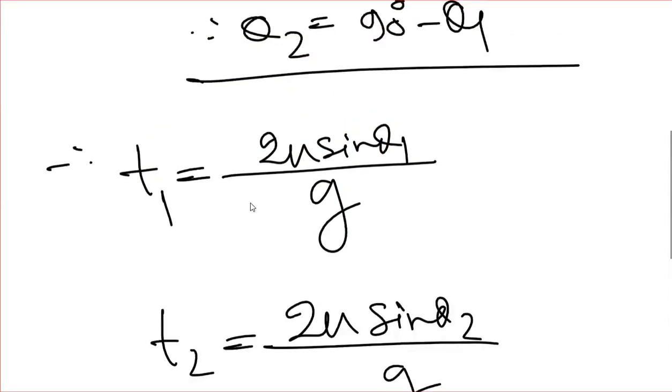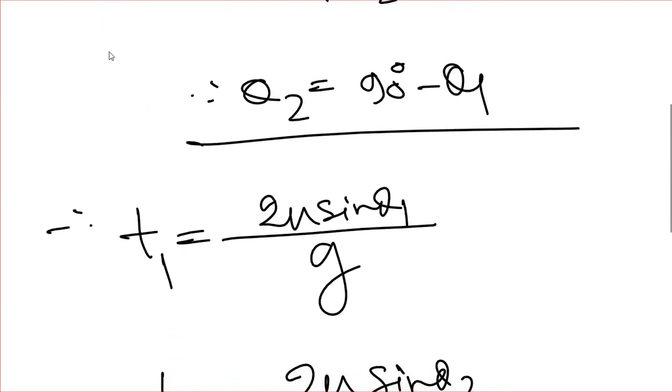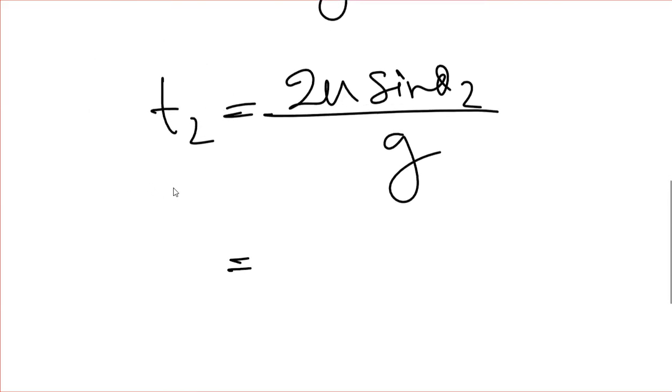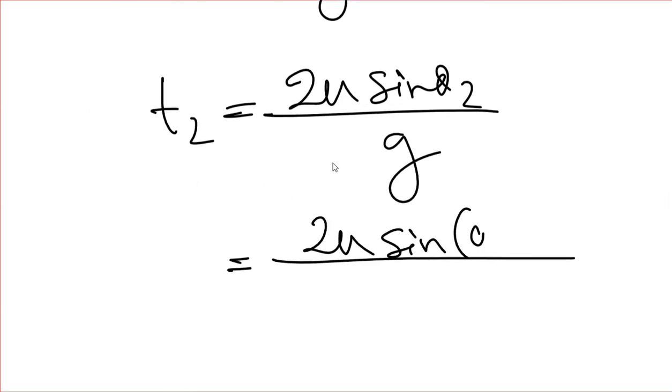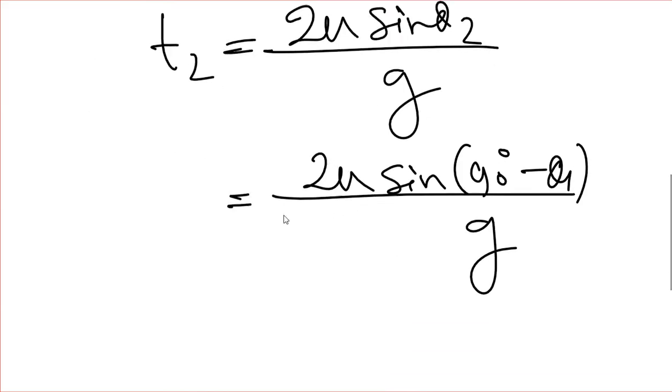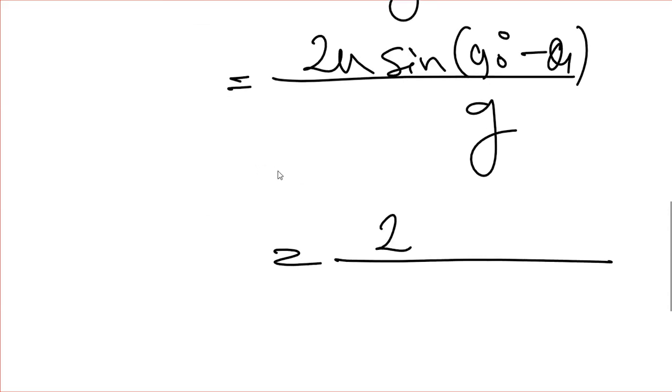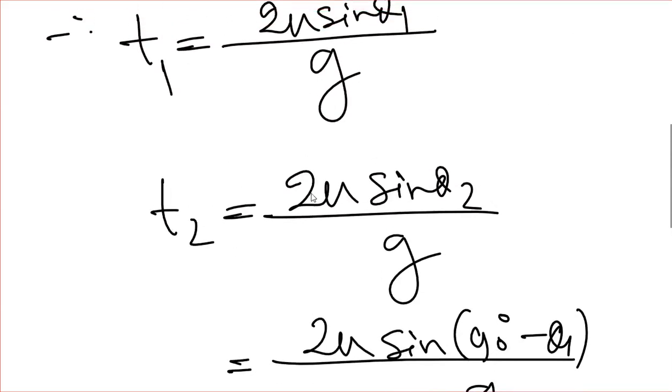Now we have found that theta 2 equals 90 degrees minus theta 1. So if we put this value of theta 2, it will be 2u sin(90 degrees minus theta 1) divided by g, which comes out to be 2u cos theta 1 divided by g.